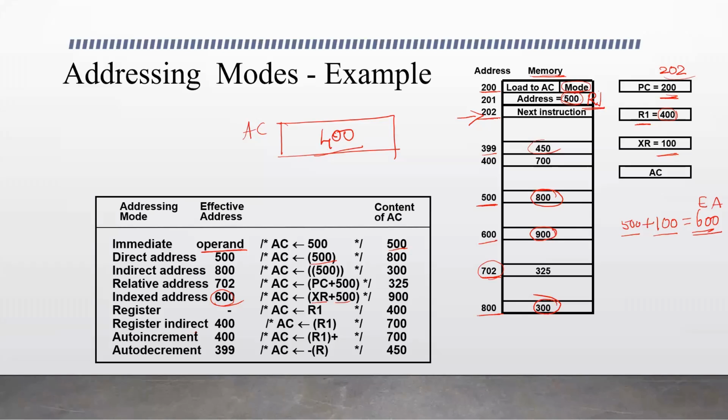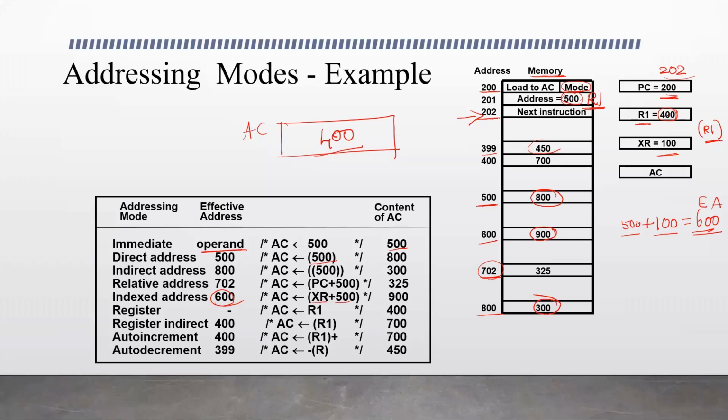And register indirect. In this case, the instruction will have R1 in the address field. Now R1 is located, and the content of R1 is the effective address because it is indirect. In the register indirect addressing mode, the content of R1 would be the effective address.